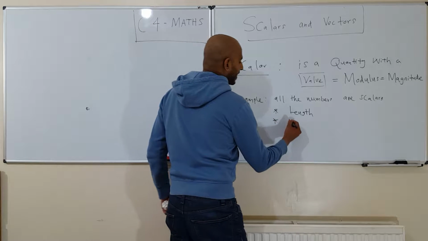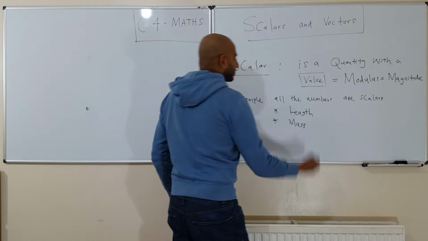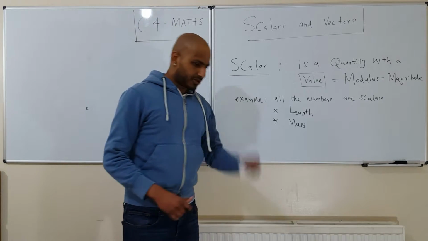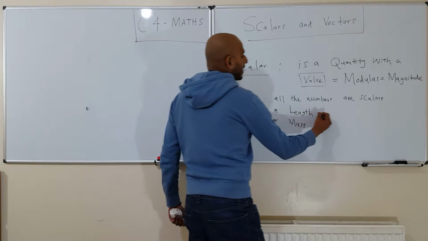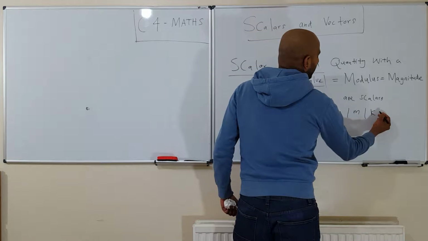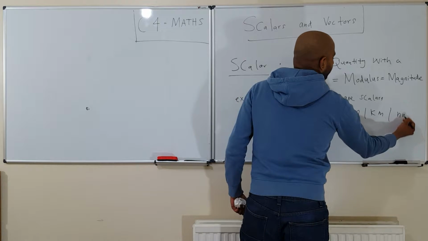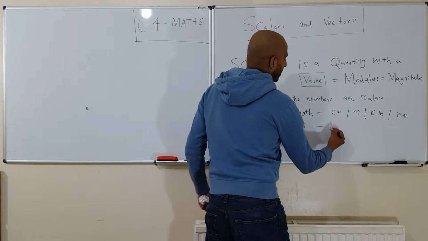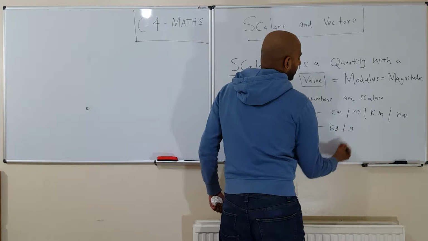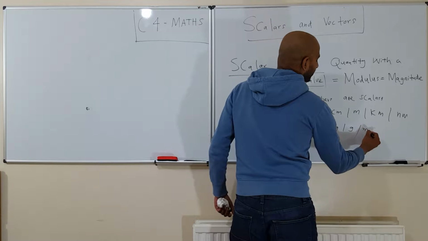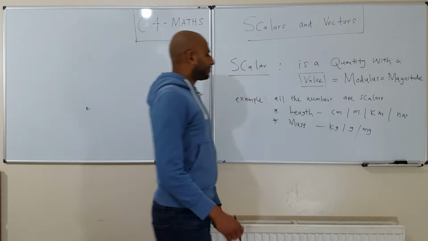Mass is a scalar, for example 5 kilos, 10 kilos. Length is measured by centimeters, meters, kilometers, nanometers, whatever you like. Mass is measured by kilograms, grams, tons, or milligrams, whatever you like.